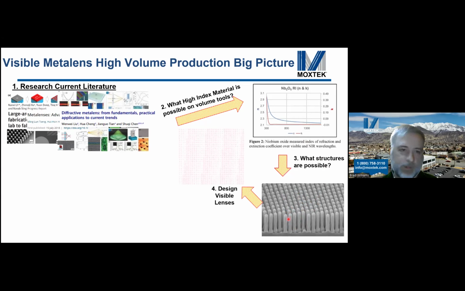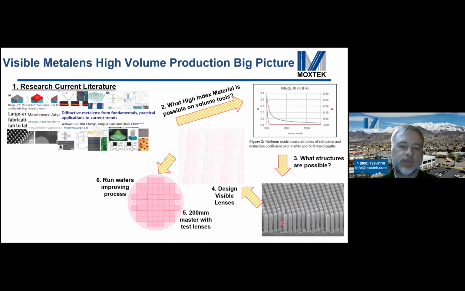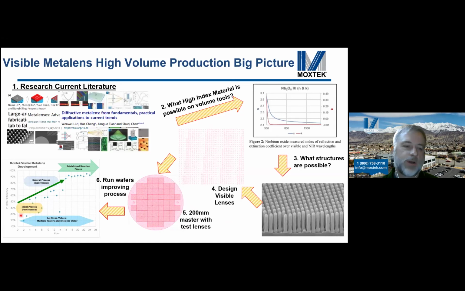So we have an in-house design team that designed some nice structures. And then we put them on an 8-inch master. And then we want to do volume, so we want to make sure we fill up that whole master. And then we started running our process until we were able to make enough improvements and get it up to a baseline of 80%.